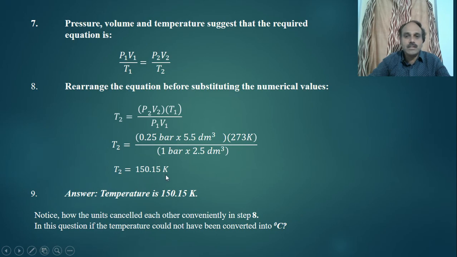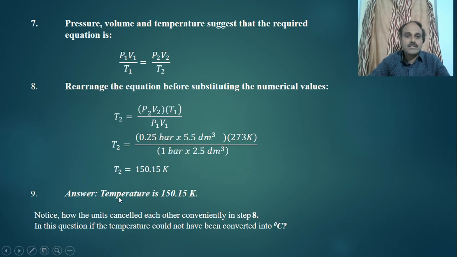150.15 Kelvin. Just think, students, if you had not converted degrees Celsius into Kelvin, what would your answer be? You have found P1, V1, P2, V2, all of them. But if you were not able to convert this 0 degrees Celsius into Kelvin, your answer would be 0, so the conversion of units is very important.